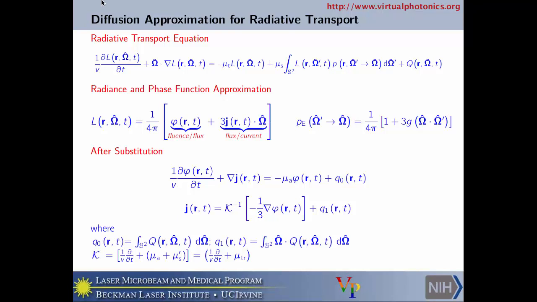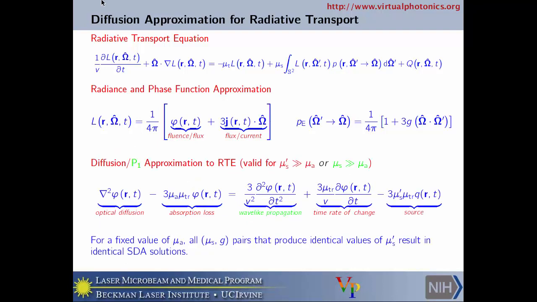We have phi and J in both of these. And so you can substitute one into the other and get rid of your flux term. And you end up getting this partial differential equation, which is referred to as the diffusion, or sometimes the P1 approximation to the radiative transport equation.